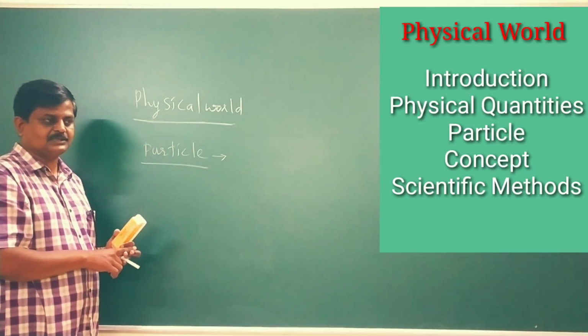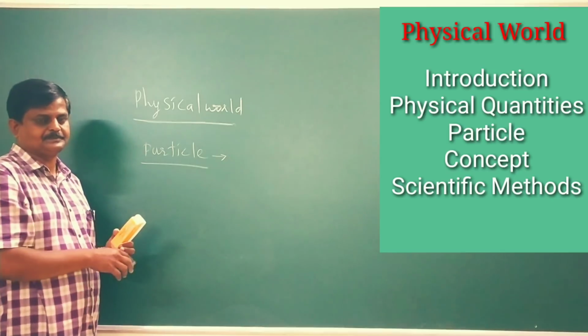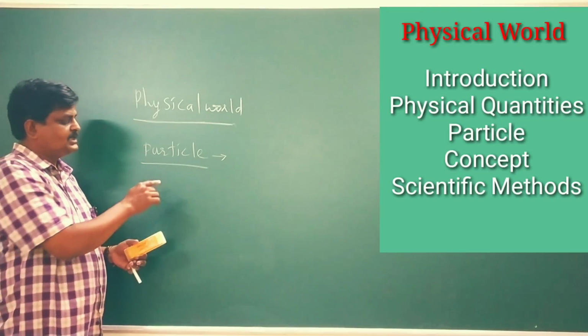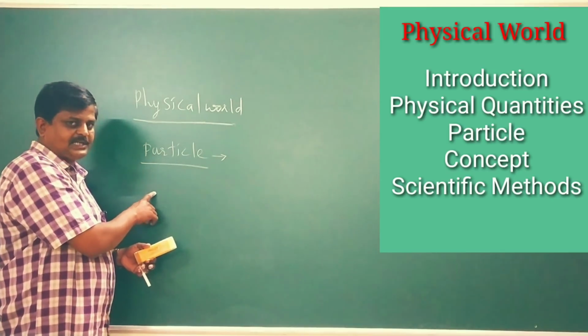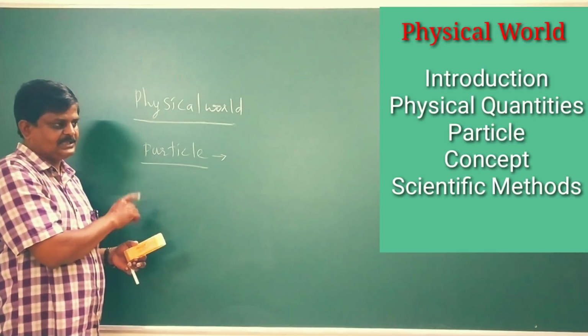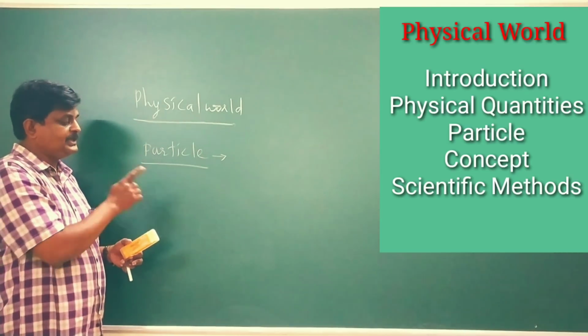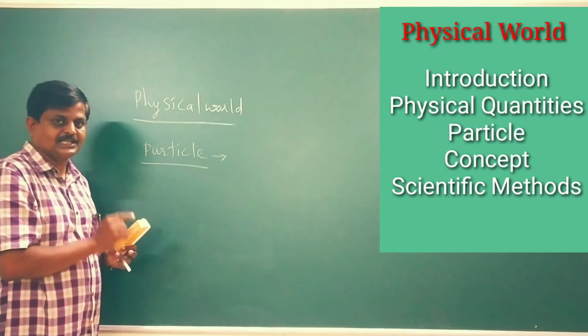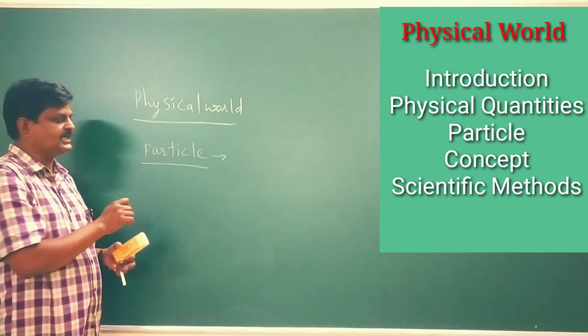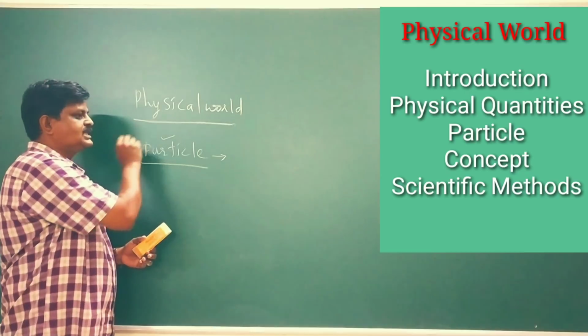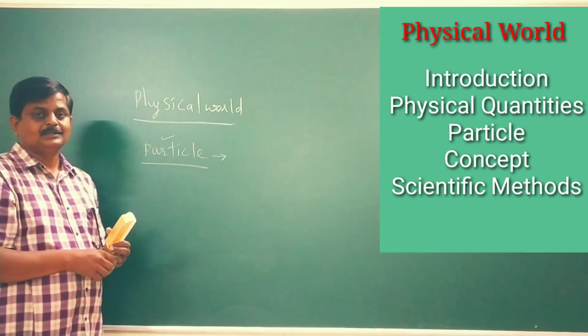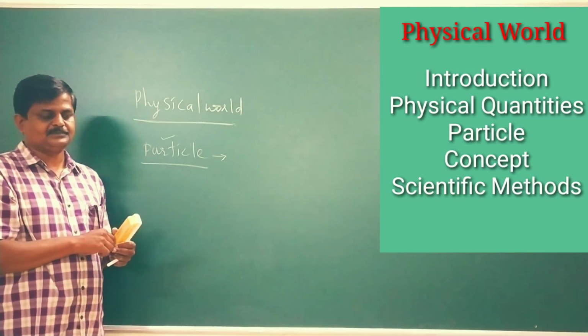The distance travelled by the object is very large compared to its dimensions. Can you follow the idea? Under these circumstances, we take the object as what? Particle. In the sense, we neglect the dimensions of the particle.